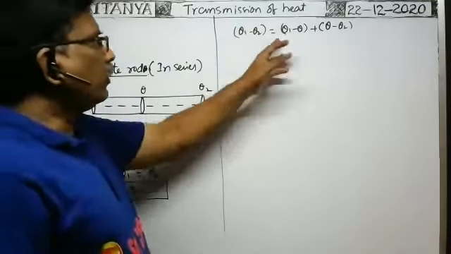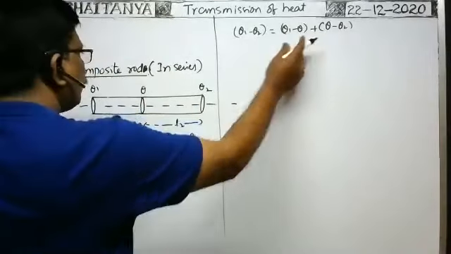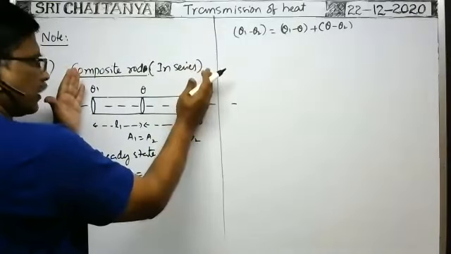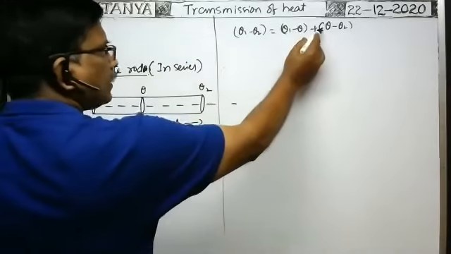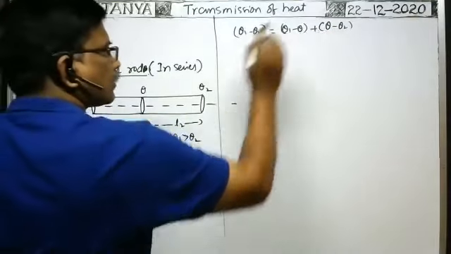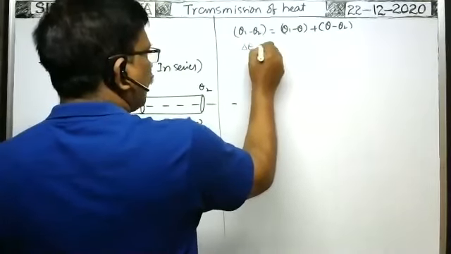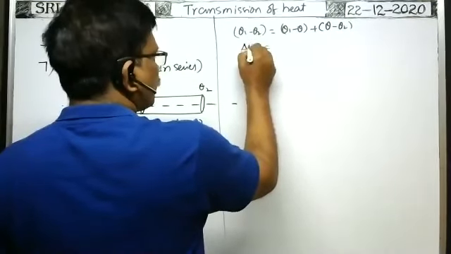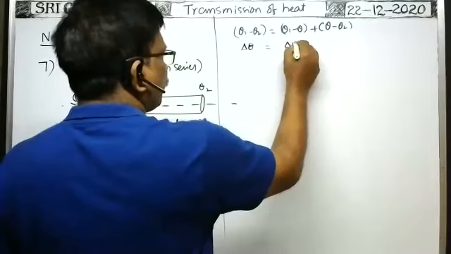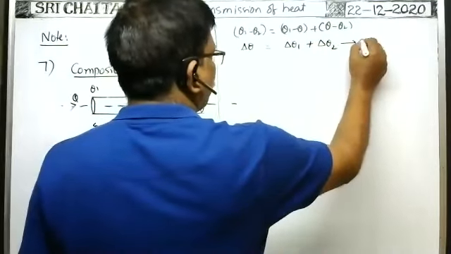When you add the temperature difference across this rod and across this rod like this, then it is equal to temperature difference across the composite rod only. You see, minus theta plus theta cancel. Then you will get theta 1 minus theta 2. That's why this can be written like this. So this is temperature difference across the entire composite rod. Temperature difference across the composite rod is equal to temperature difference across the first rod plus temperature difference across the second rod. This is equation 1.